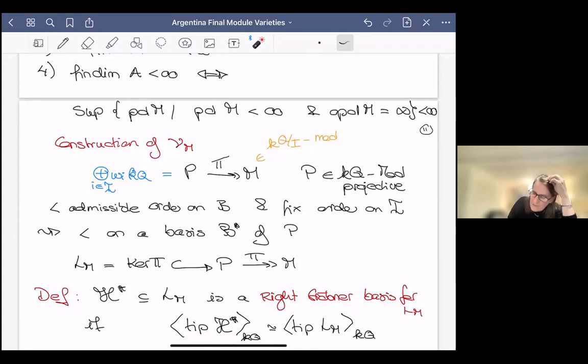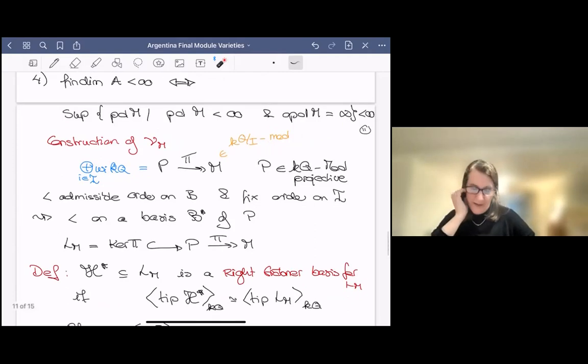And if the right module in KQ generated by the tips of H star is isomorphic to the right module generated by the tips of Lm itself, then this H star is a right Gröbner basis for Lm.